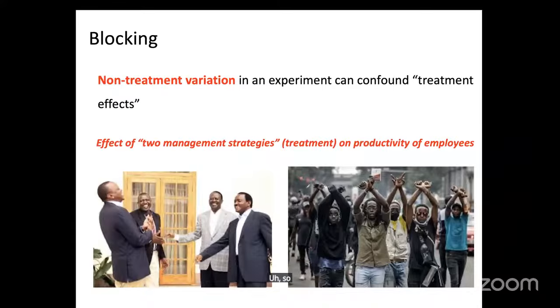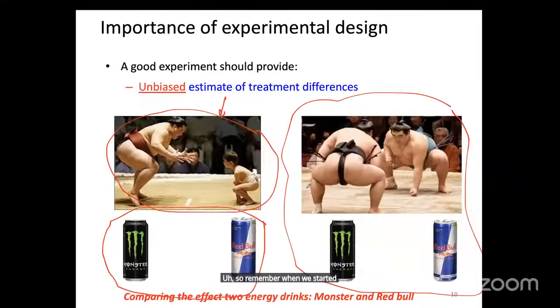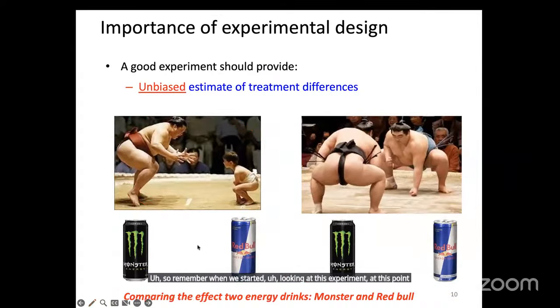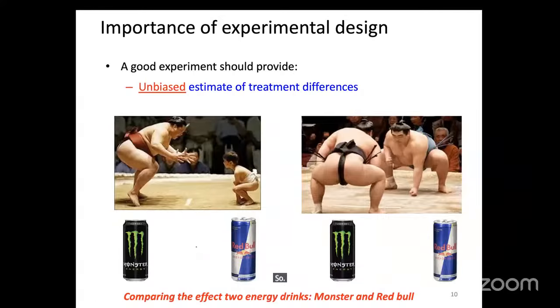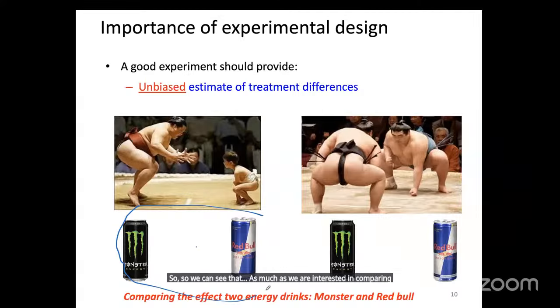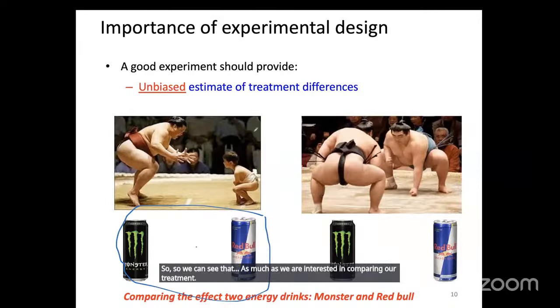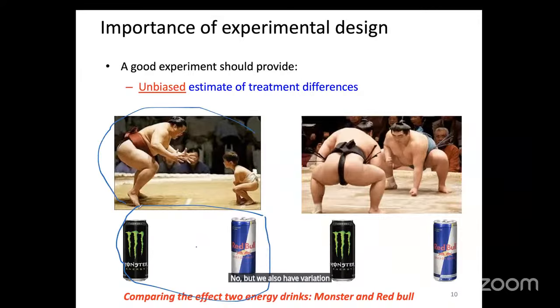So the other thing is what we call blocking. Remember when we started looking at this experiment at this point here, let me first erase. We can see that as much as we are interested in comparing our treatments, we also have variation that is not our treatment.